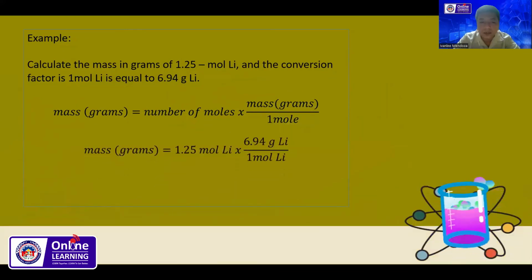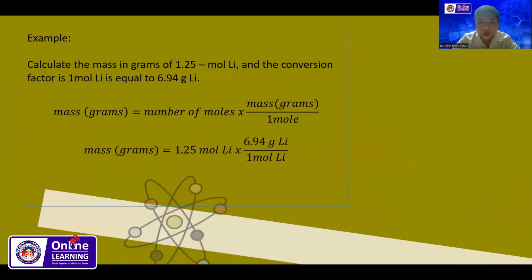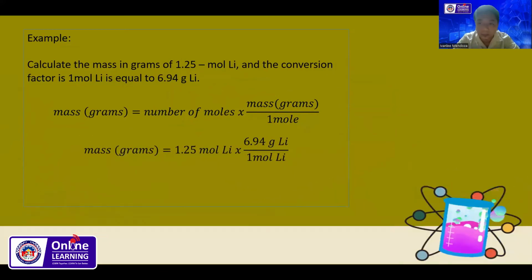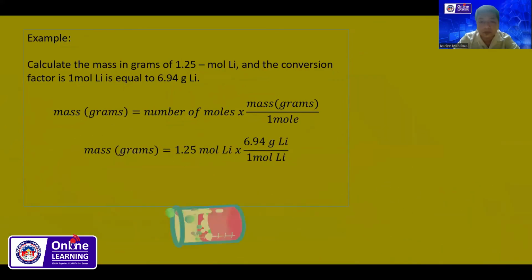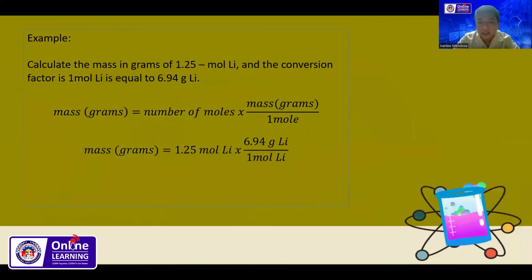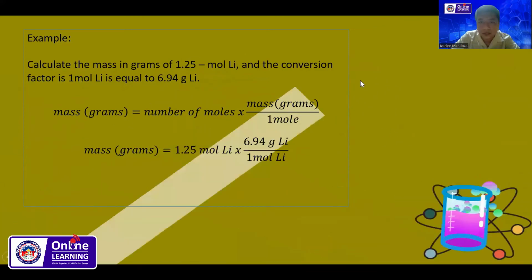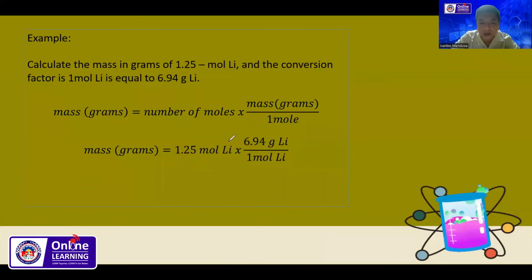The mass in grams is equivalent to 1.25 mole lithium, multiplied by the conversion factor, which is 6.94 gram lithium divided by 1 mole lithium. Then the next step is to cancel out mole lithium.